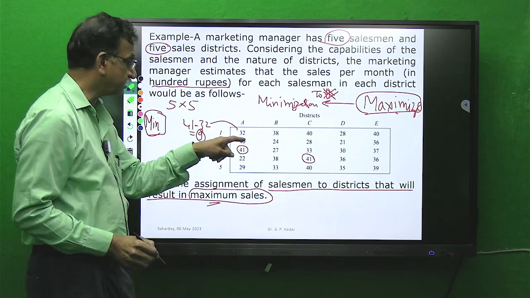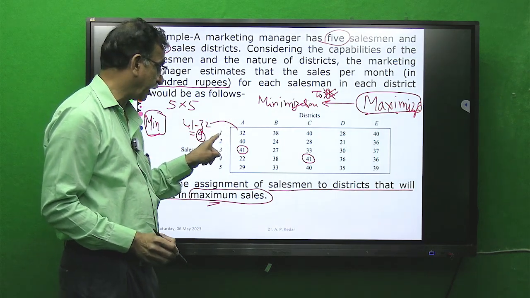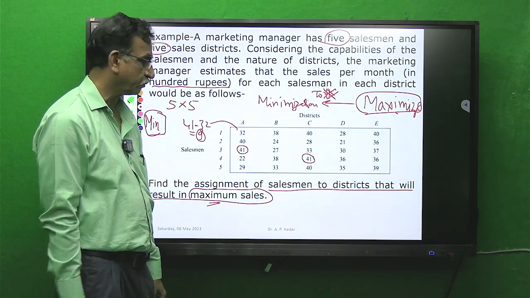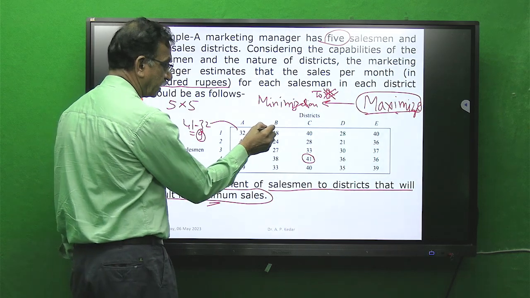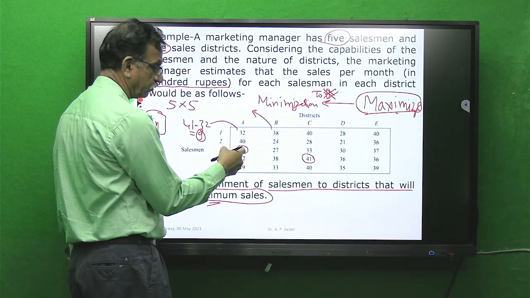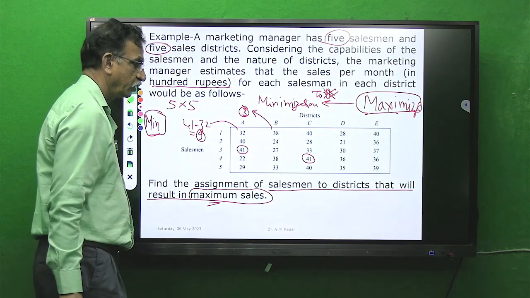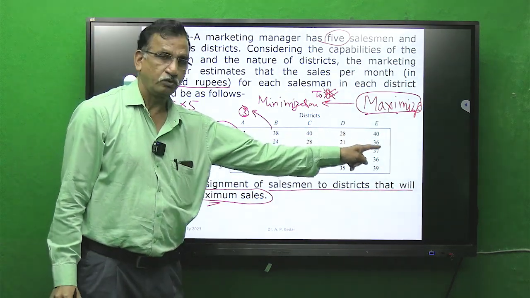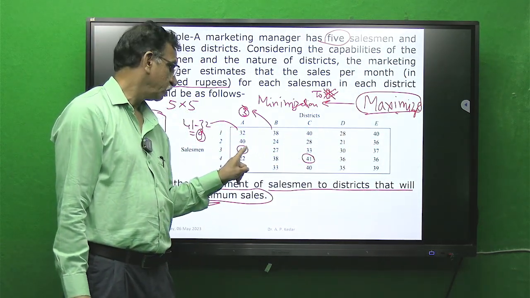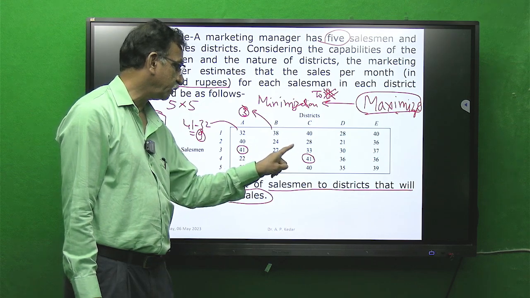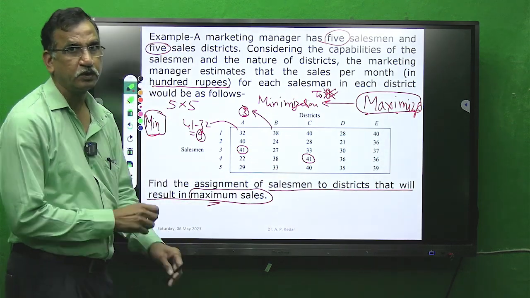So in the minimization matrix I will write 9 here. Here I will write 41 minus 38, so the difference is 3. Likewise, you will do for all these. 41 minus 41 is 0, 41 minus 41 is 0.